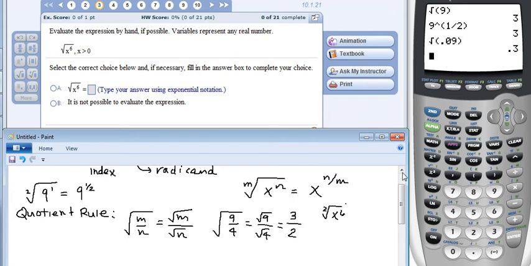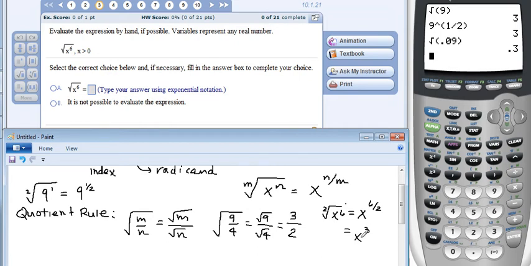I can't put x's in here and get a number back out or anything like that. So I'm going to turn it over to an exponential and see if it is more workable than as a radical. So this is telling me to take the power inside here, n divided by m. So this is 6 divided by 2. And 6 divided by 2 is 3.